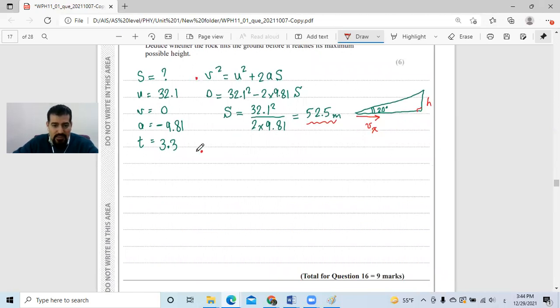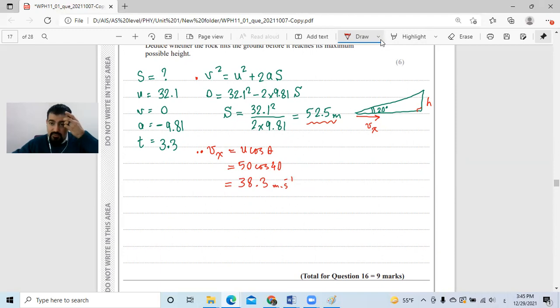So first thing, I have to find Vx, and we know it's U cosine theta, which was 50 cosine 40 degrees. How much is 50 cosine 40? I need you to use your calculator faster, please, because the numbers matter. It comes to 38.3 meters per second.